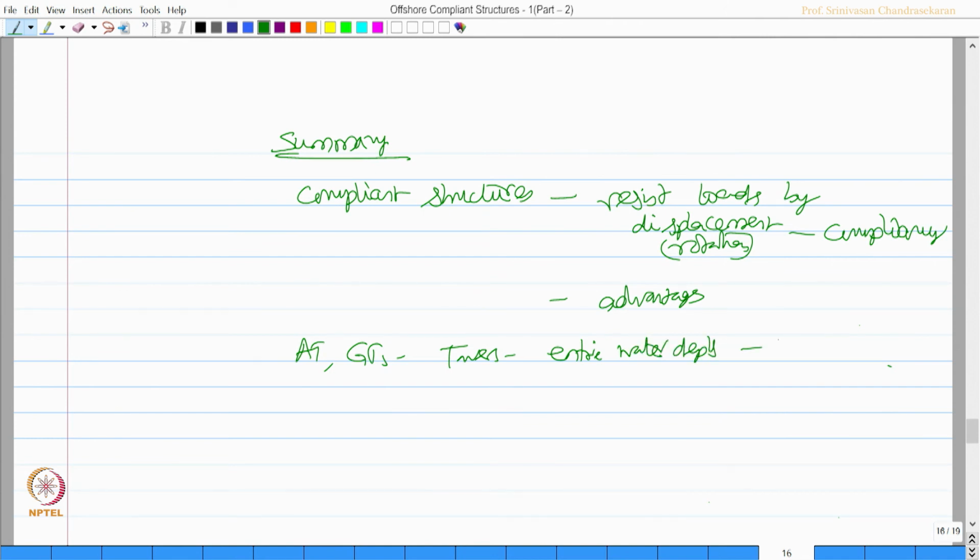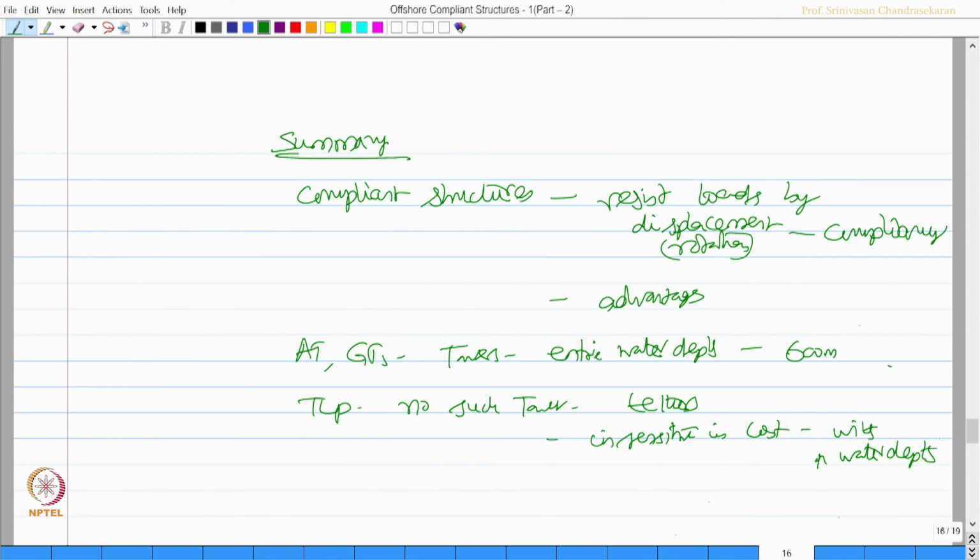Therefore, they are limited only up to a depth of 600 meters, whereas tension leg platforms have no such tower, they have only tethers. Therefore, they are insensitive in terms of cost with respect to increase in water depth. So, therefore, TLPs are preferred for deep and ultra deep waters.